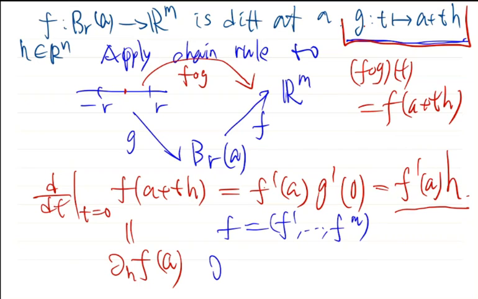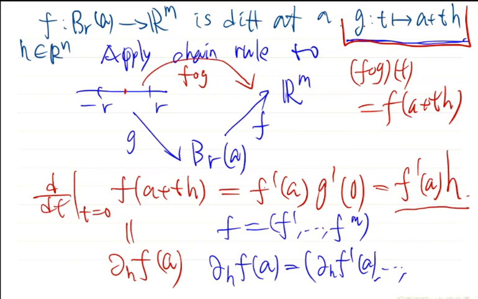So it is natural and no surprise that the directional derivative of this vector-valued function is a vector whose components are the directional derivatives of the component functions.